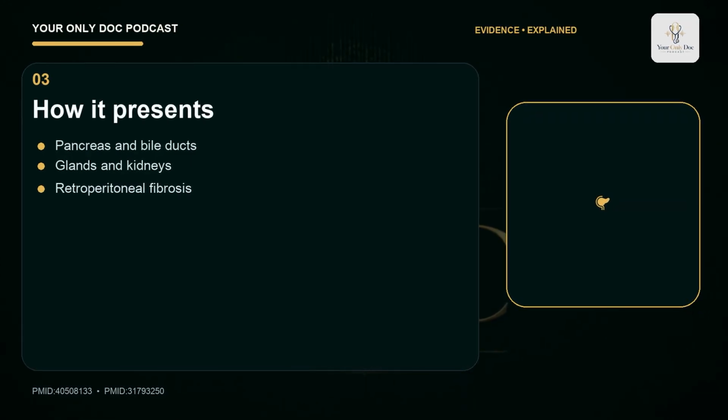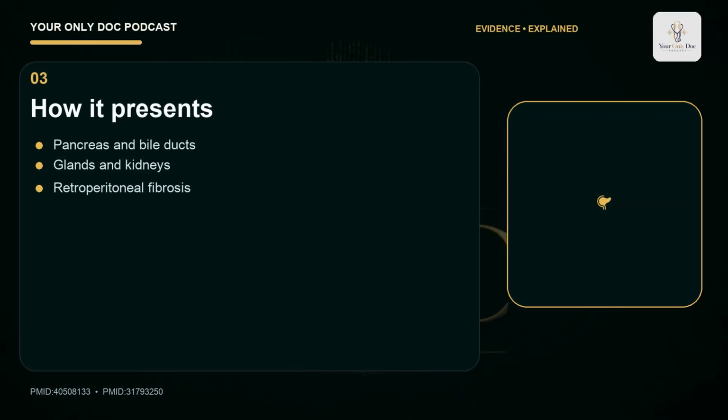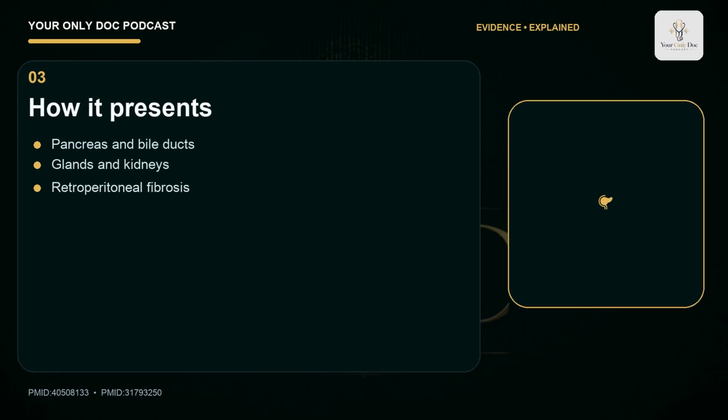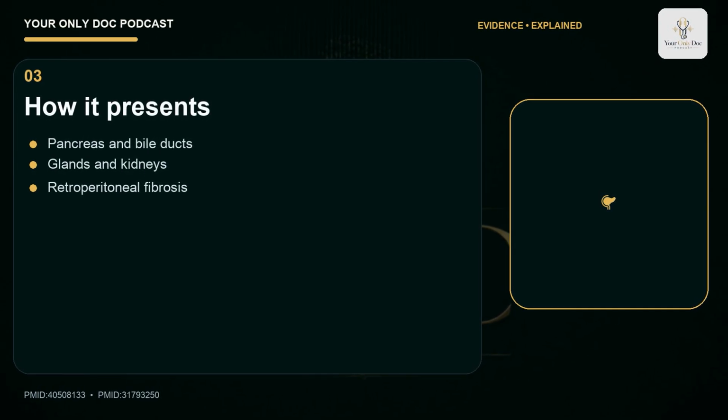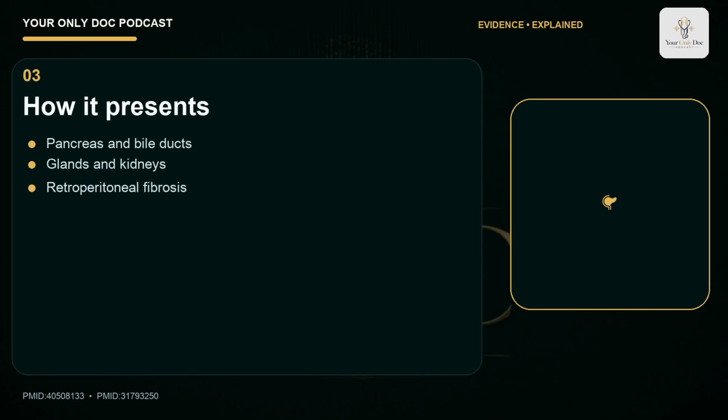Presentation depends on the organ involved. Autoimmune pancreatitis may cause pancreatic enlargement or obstructive jaundice. Salivary and tear gland disease may create persistent, often painless swelling. Kidney involvement can appear as tubulointerstitial disease or characteristic radiologic lesions.